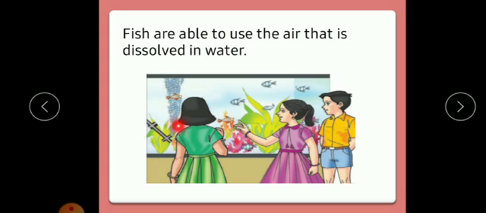You can see an instrument here through which air is added in the water in the aquarium. That is why we see air bubbles rising up through the water in such fish tank. And that is why fish can live in an aquarium.